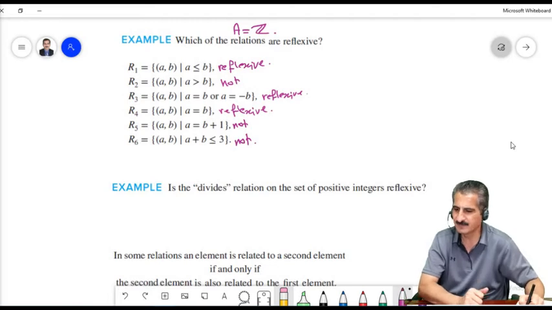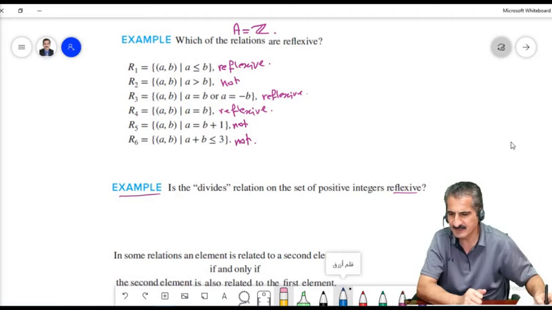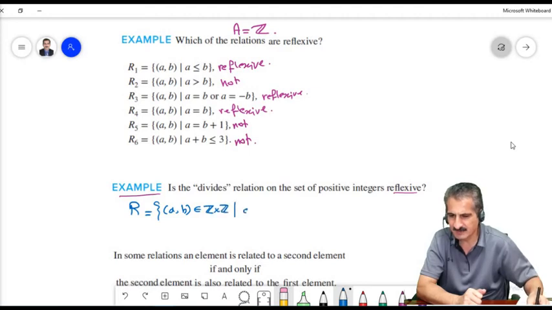Okay, good. Now what about this example here? Is the divides relation on the set of positive integers reflexive? Give me the answer, please. Which means we're defining R to consist of (a, b) such that a divides b.